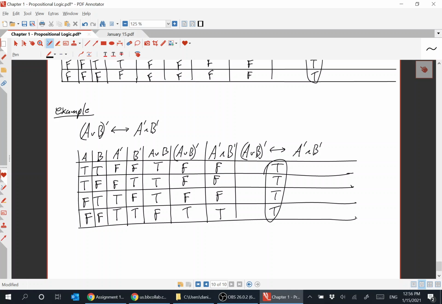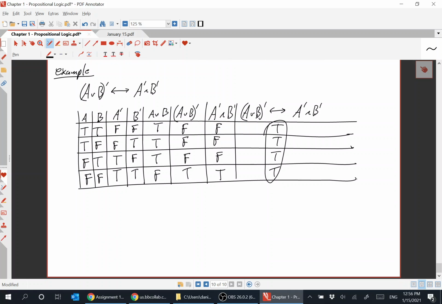All right. Using these named tautologies, one can actually construct more, sort of larger, tautologies from them.